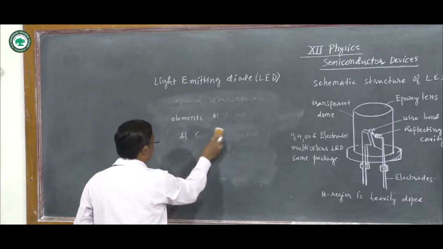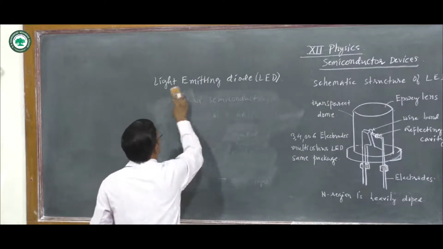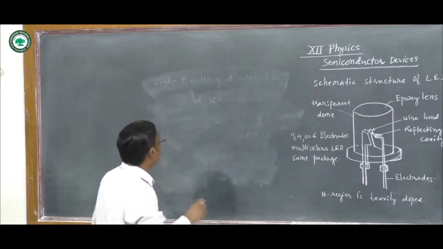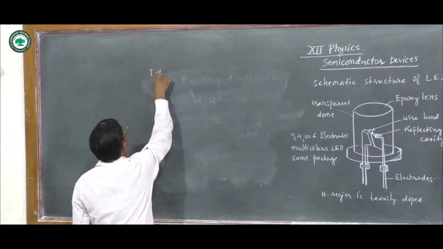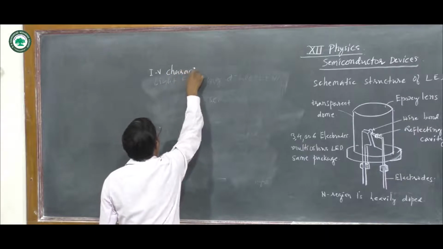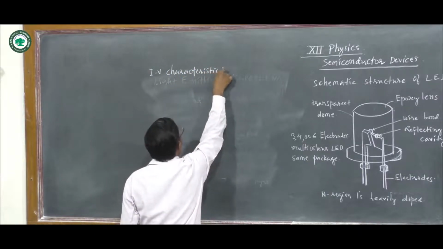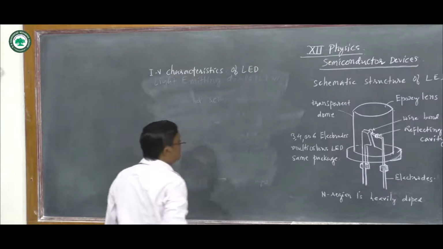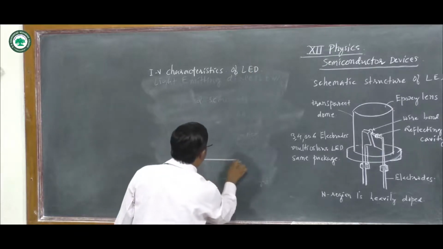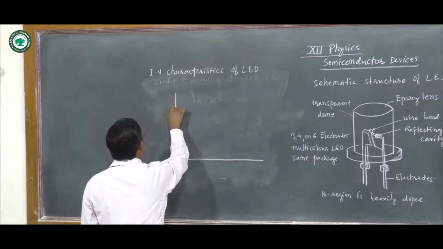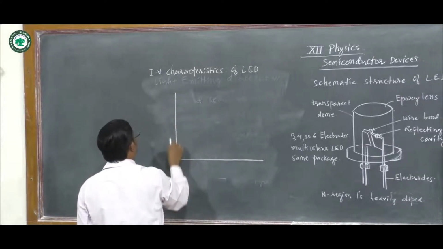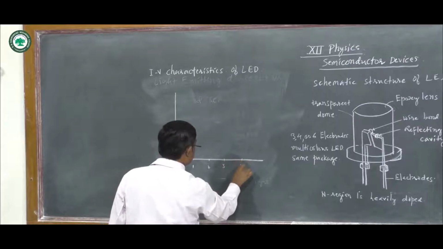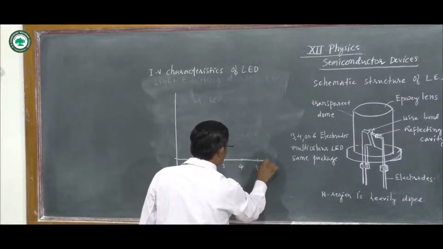When we plot the graph of the current and the voltage, the IV characteristic of the LED, on the x-axis we plot the voltage: 1 volt, 2 volt, 3 volt, 4 volt and 5 volt.